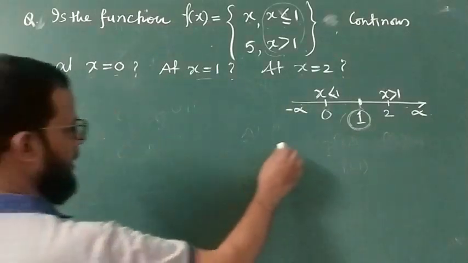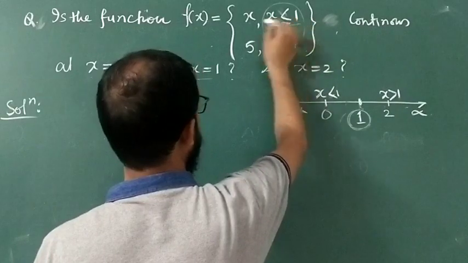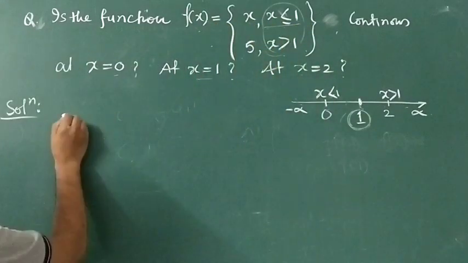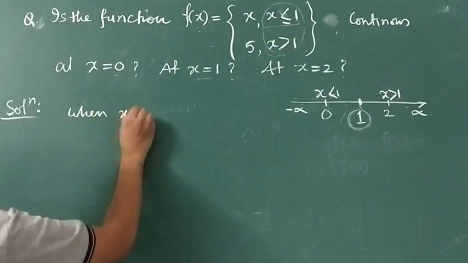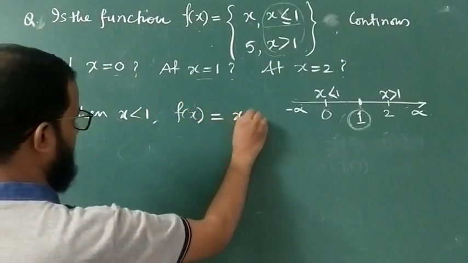You see, for x less than 1, from this condition f(x) equals x. When x is less than 1, your f(x) is equal to what? x.